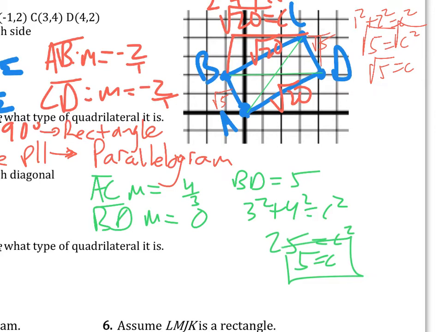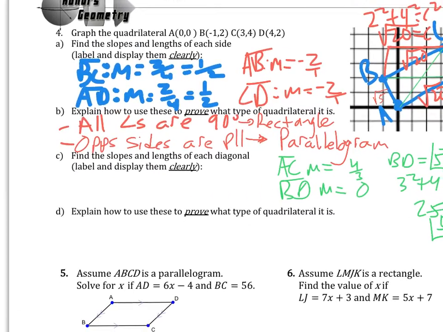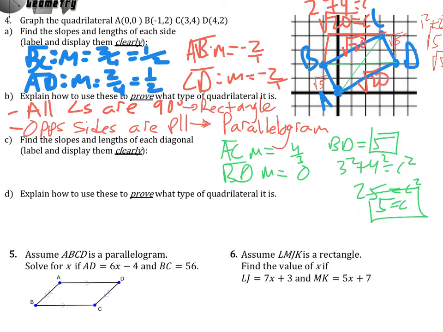Okay. So those two diagonals are congruent, 5 and 5. So since the diagonals are congruent, that means it's a rectangle. Congruent diagonals mean it's a rectangle. So we found out it's not a square because the diagonals are not perpendicular.